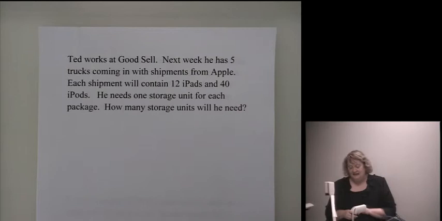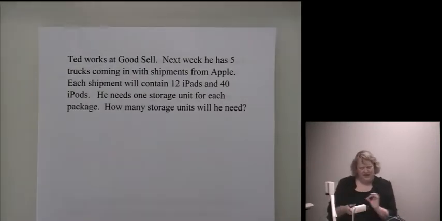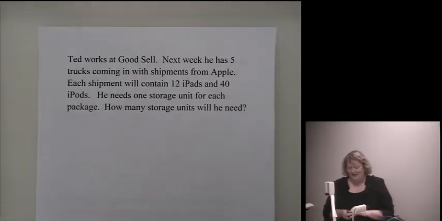And next, he needs a storage unit to store each of those packages for display or whatever. But he needs a storage unit. And so he needs to know how many storage units he needs. He's got 5 trucks and 12 iPads and 40 iPods. So how many storage units will he need?